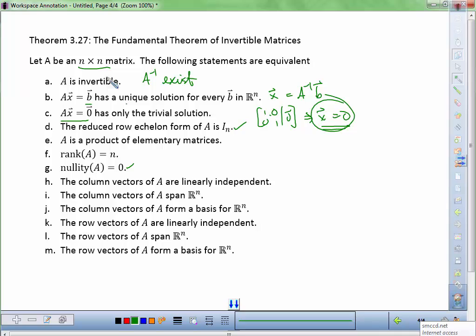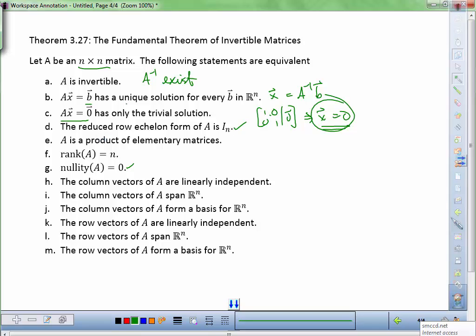Justin? Is the n in Rn now the same n as in n by n? Yes. And so these are the same now because it's a square matrix. So there's no more m's here because it's all the same. It'll just be n.